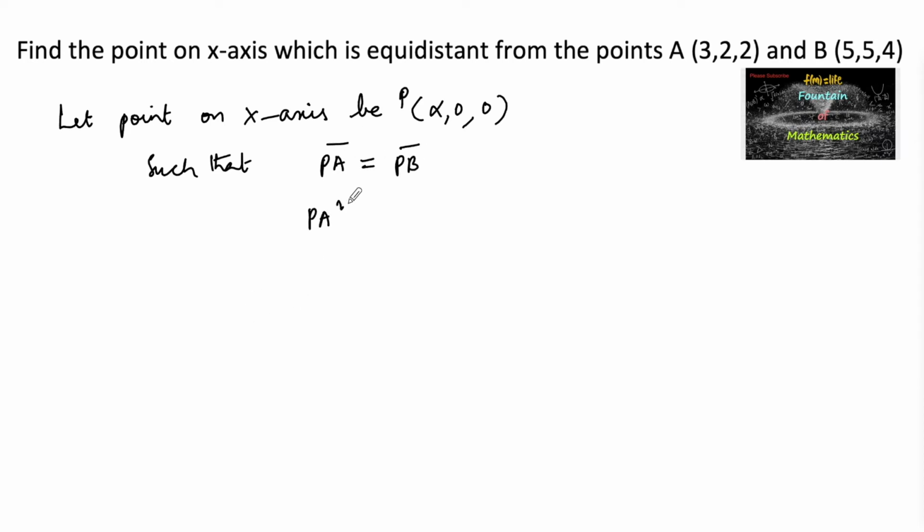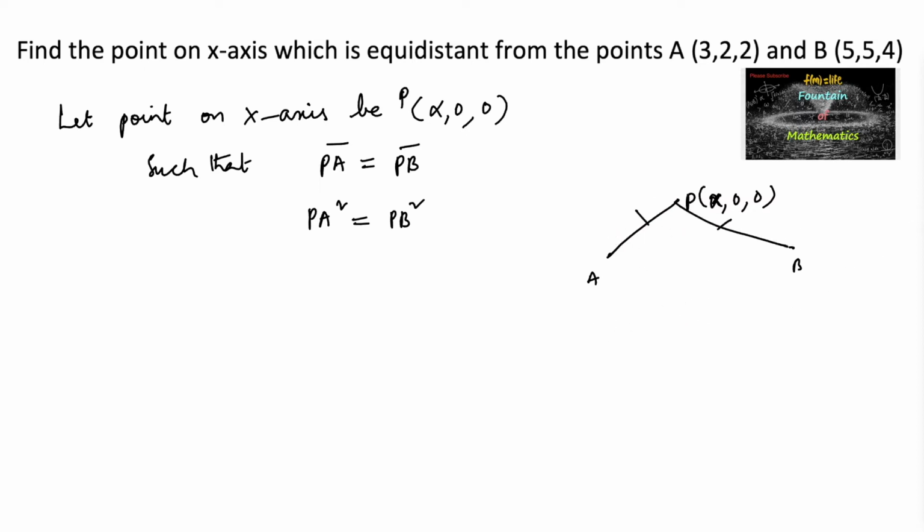Or squaring on both sides, PA square is equal to PB square. So there is a point P(alpha, 0, 0), and there are 2 points A and B. It's given that the distance from P to A and P to B are the same.